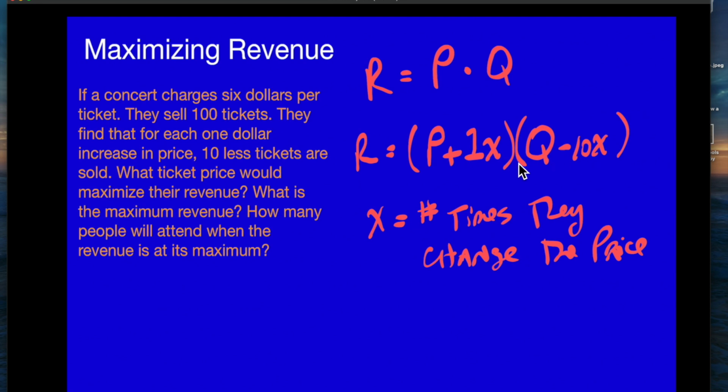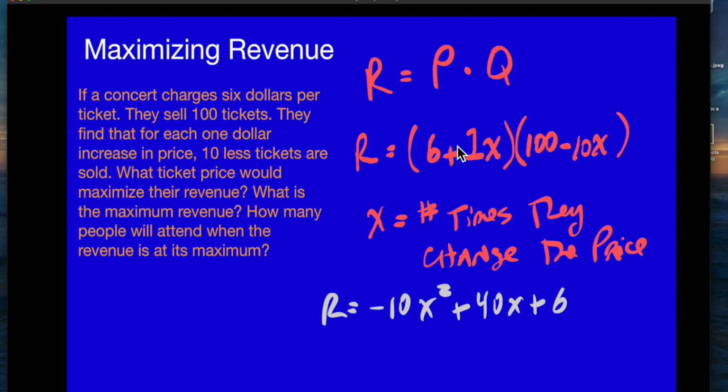So folks, this is the equation that we're going to be working with. Let me fill in the original price and the original quantity. Instead of P here, I'm going to have 6, and instead of Q, we're going to have 100. If we FOIL this out, we get that the revenue is going to equal negative 10x squared plus 40x plus 600.